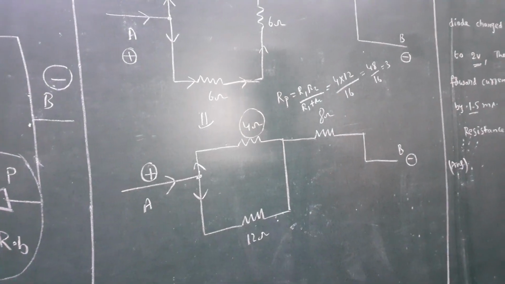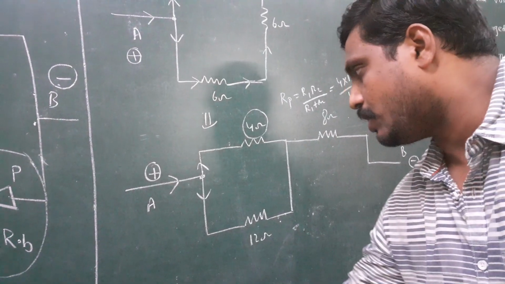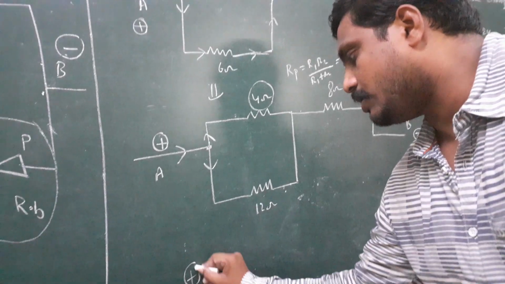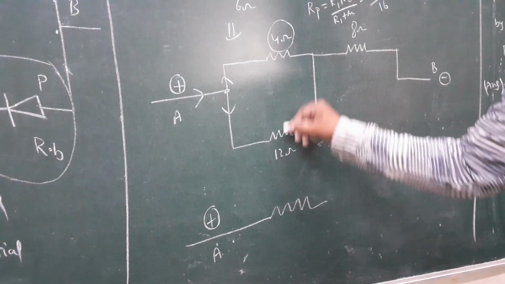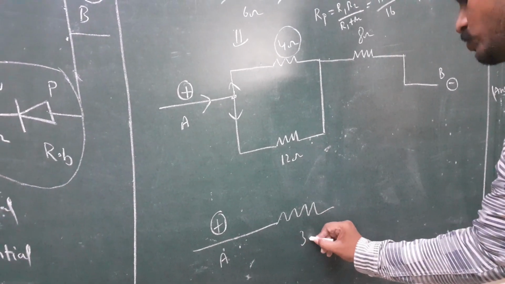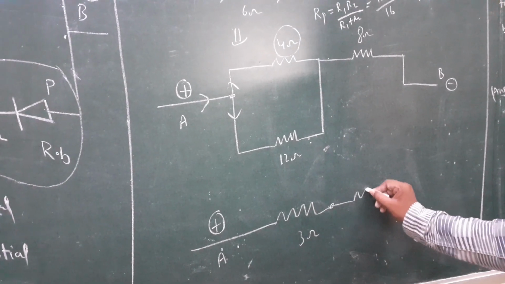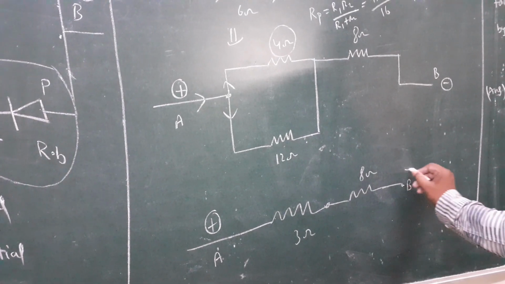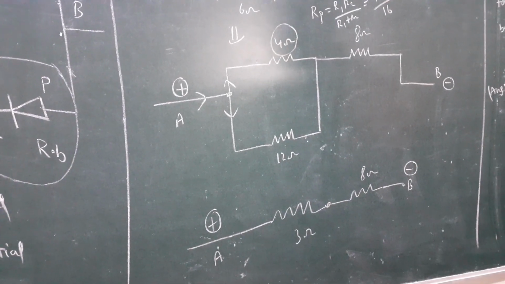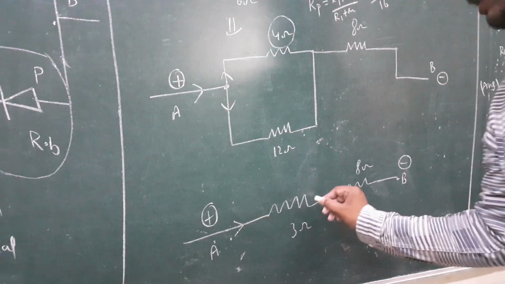We get 3 ohms. This diagram, neatly written, is: A is connected to the positive, these two give 3 ohms, and next 8 ohms. This is called B, the negative. Here the current direction is plus to minus.